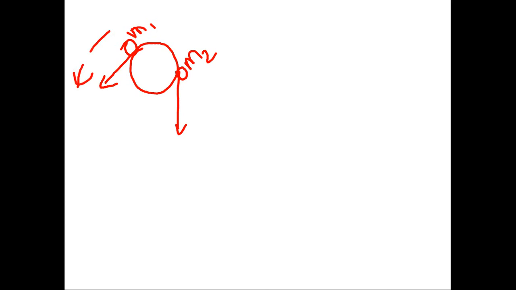So we have the first force here and the second force here, with M1 and M2. Let's first find the sum of the two forces acting in the rotation. There is one force rotating this way and the other force rotating this way.